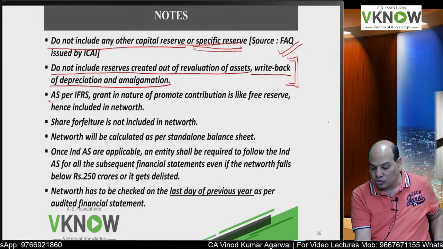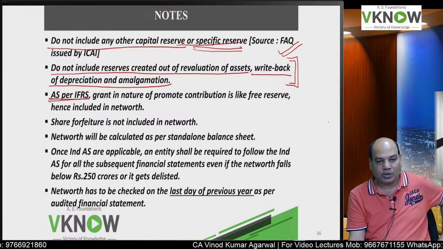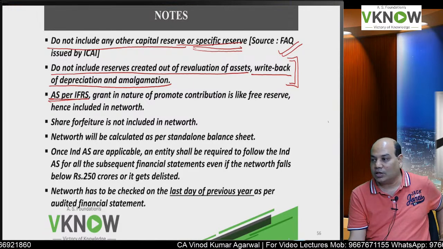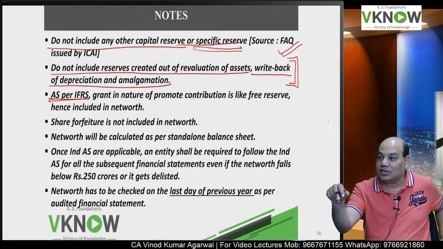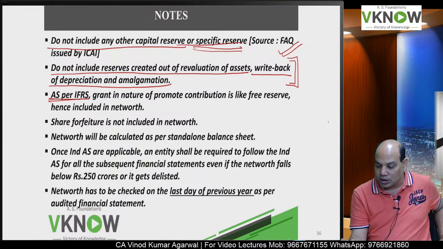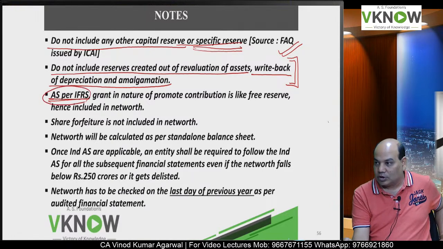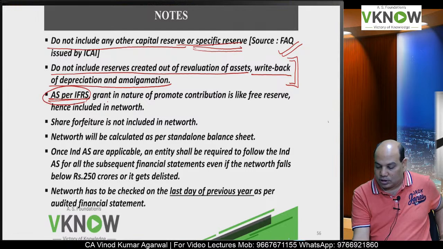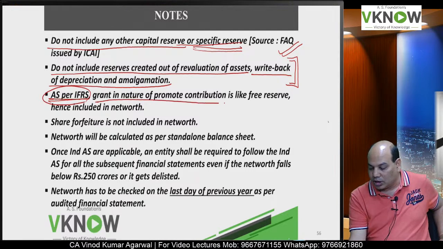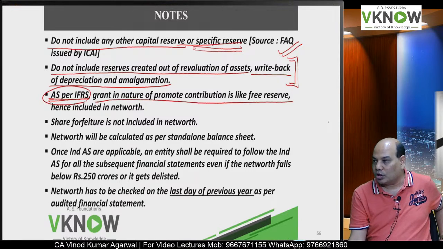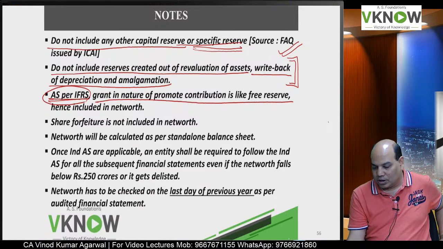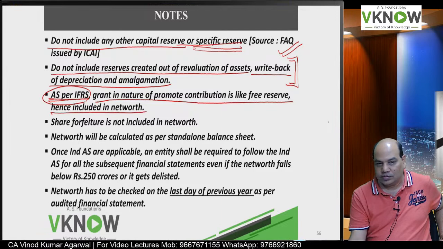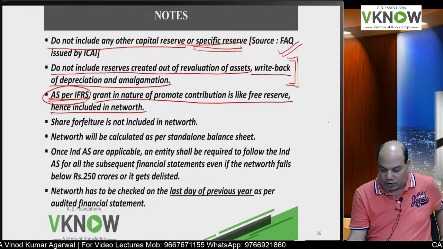Now the question a student had asked me in the earlier batch was, why is grant in the nature of capital contribution shown as capital reserve treated as net worth? Because under IFRS, even the grant in the nature of promoter contribution is called free reserve, and therefore we decided that we will include that in the free reserve.